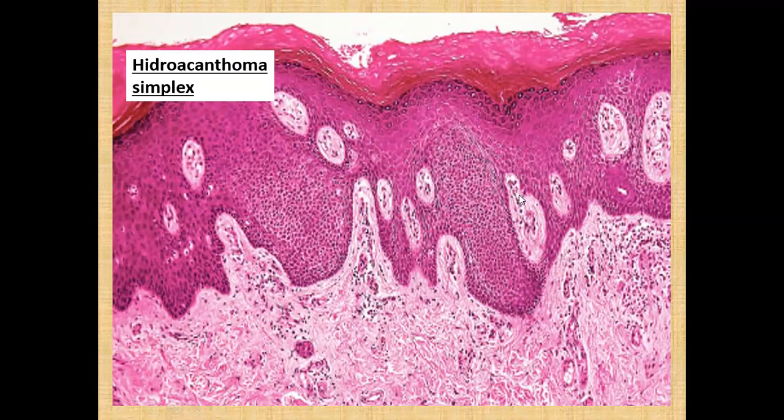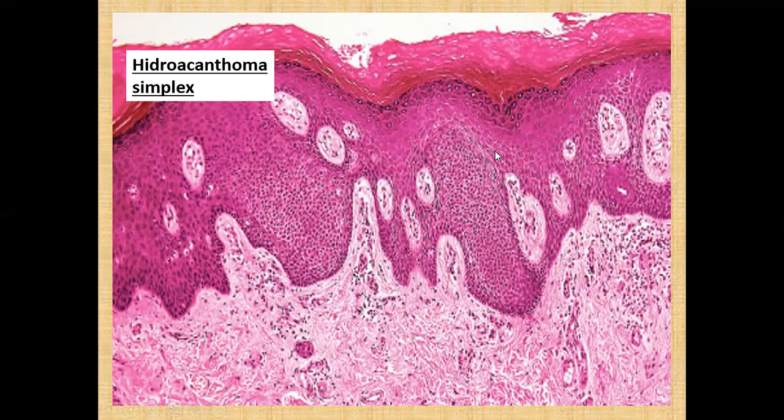The cells in this tumor are similar to poroma cells, which are called mini squames. These mini squames are similar to keratinocytes, but they are of smaller size and are maintaining the desmosomal junctions with each other. And these mini squames are seen clearly separated from the normal looking keratinocytes.